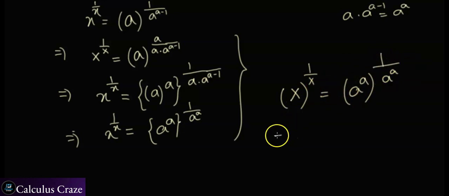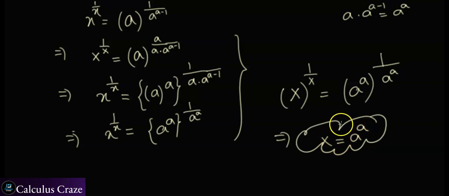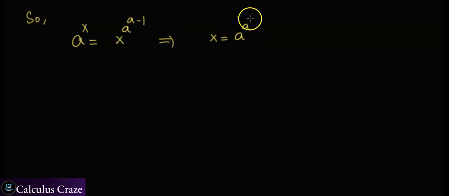Then I can say that my x should be equal to a to the power a, right? This means if we have the equation a raised to the power x equal to x raised to the power a minus 1, then x is equal to a raised to the power a. We have assumed a to be positive for now.